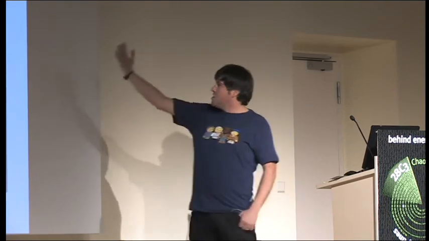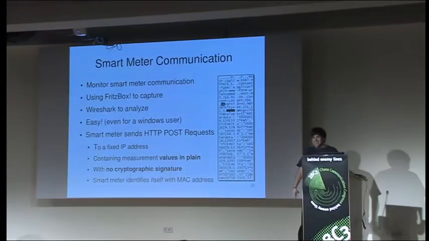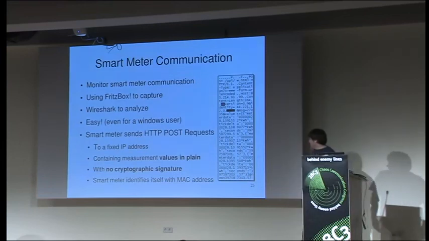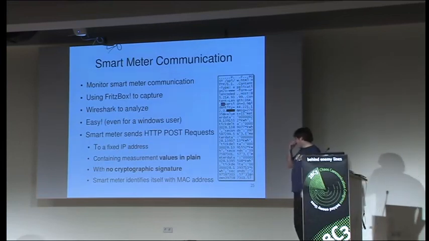And there's no cryptographic signature. I showed it to my wife, and she said, oh, but it's encrypted, it's all encrypted stuff here. It was quite difficult for me to explain to her that it's not encrypted.